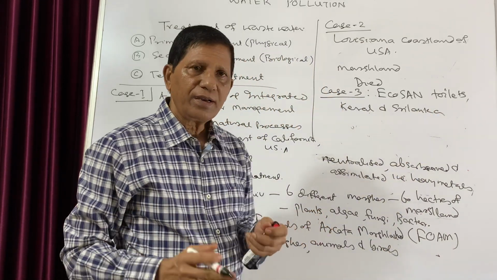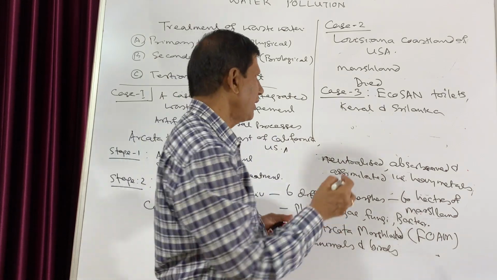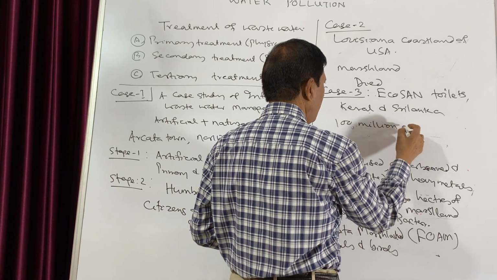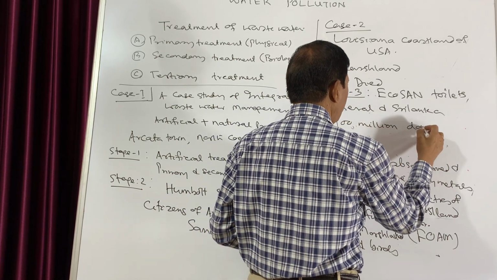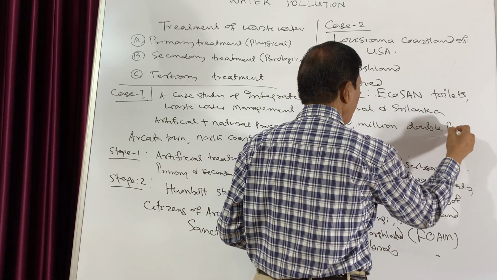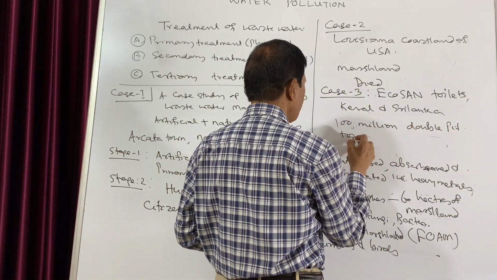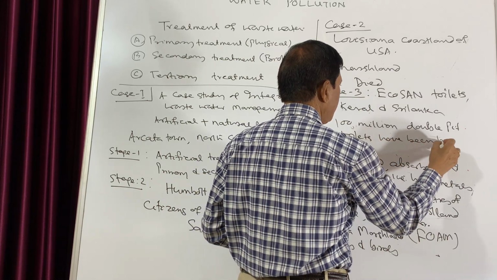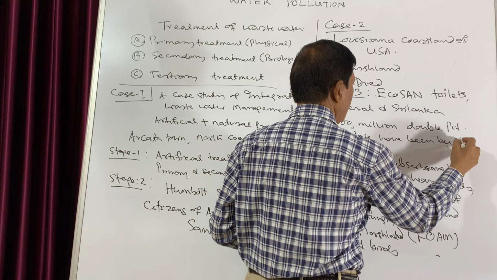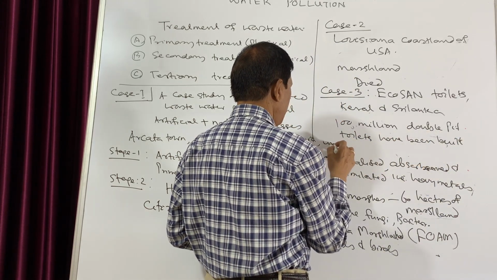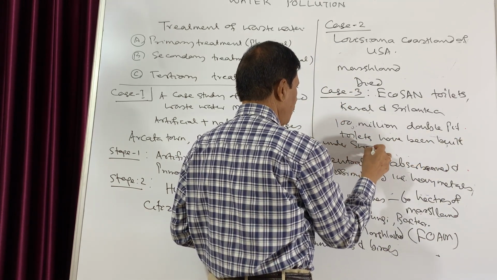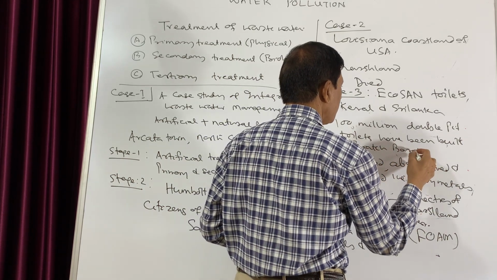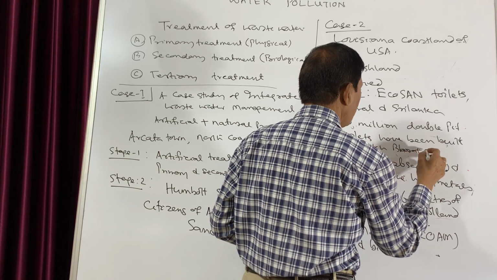And in the Swachh Bharat program, nearly 100 million double pit toilets have been built.